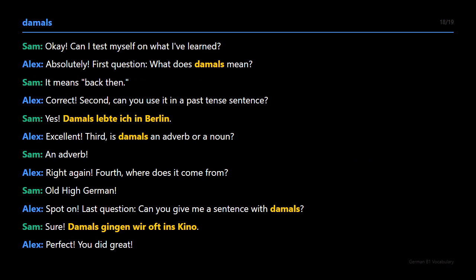Damals lebte ich in Berlin. Excellent. Third, is damals an adverb or a noun? An adverb. Right again. Fourth, where does it come from? Old High German. Spot on.